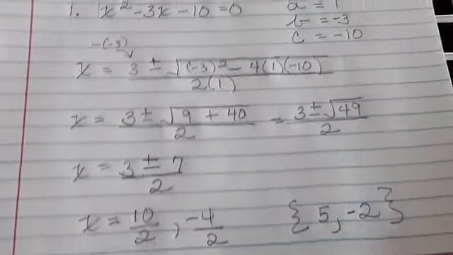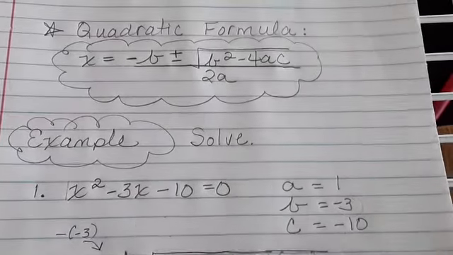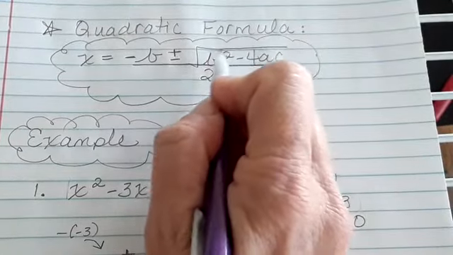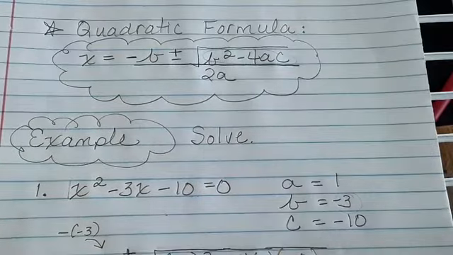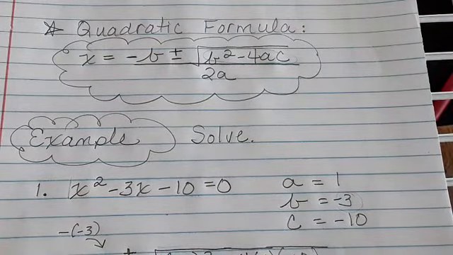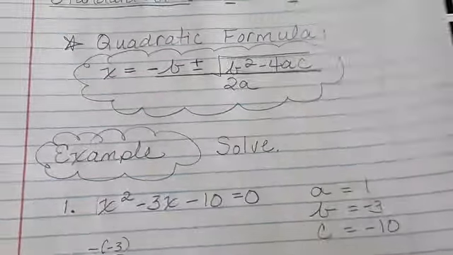So what we're going to do now is take the same formula, and I want to talk a little bit more about the part that is underneath the square root sign. All right, let's talk about something called the discriminant.